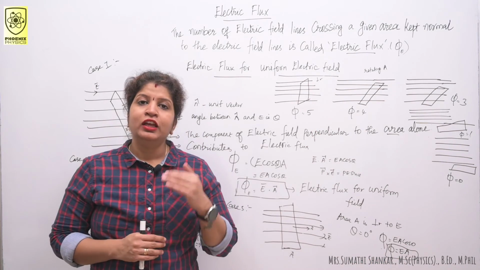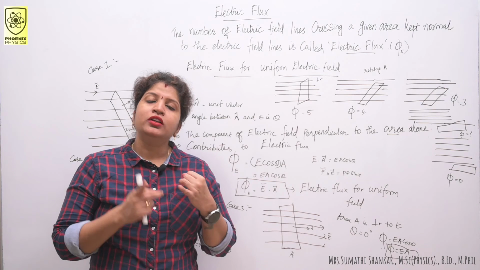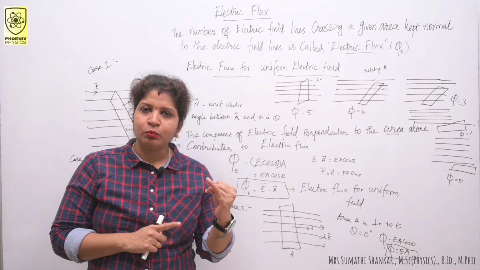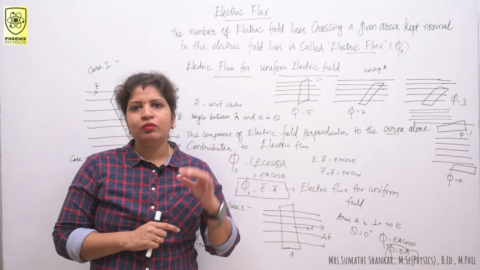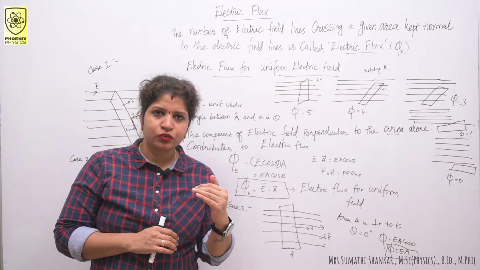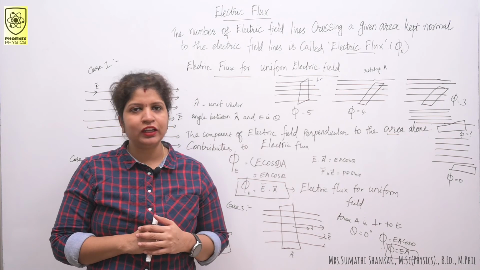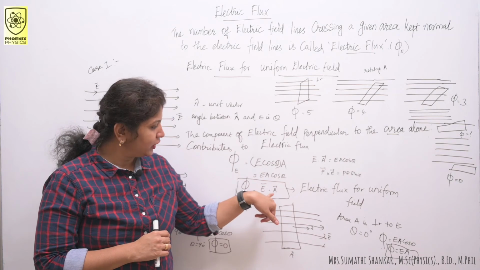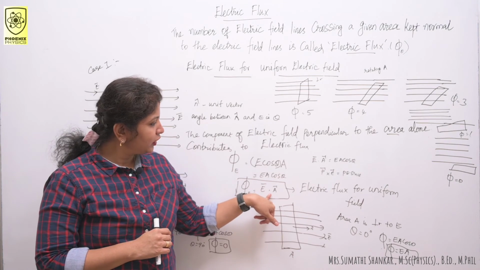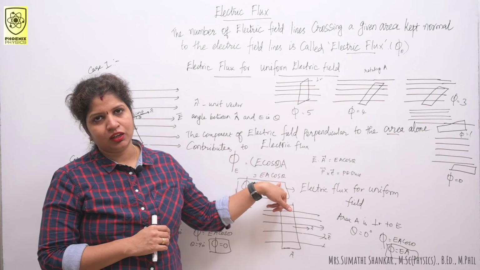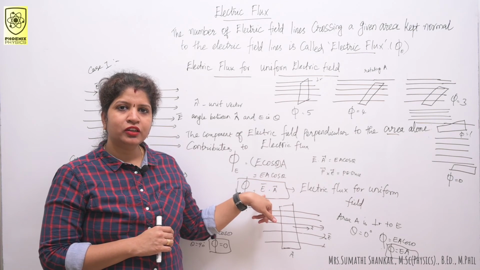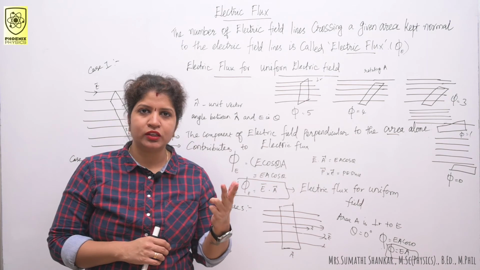In this class we discussed what is electric flux. Then we derived one formula for uniform field, that is, electric flux for uniform electric field, phi E is equal to E vector dot A vector, or we can write EA cos theta. Based on this relation we discussed two cases.